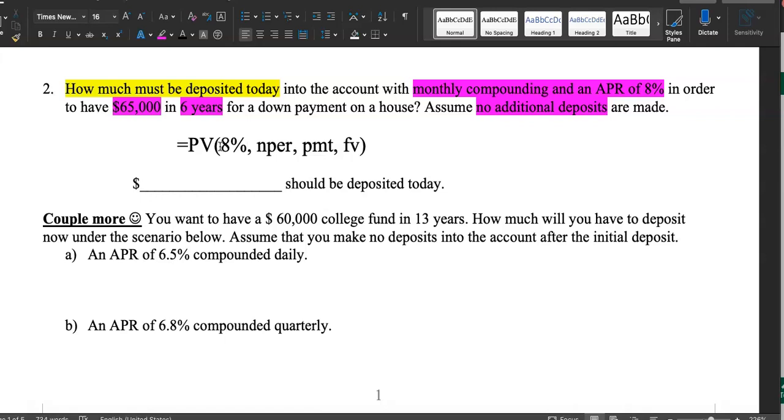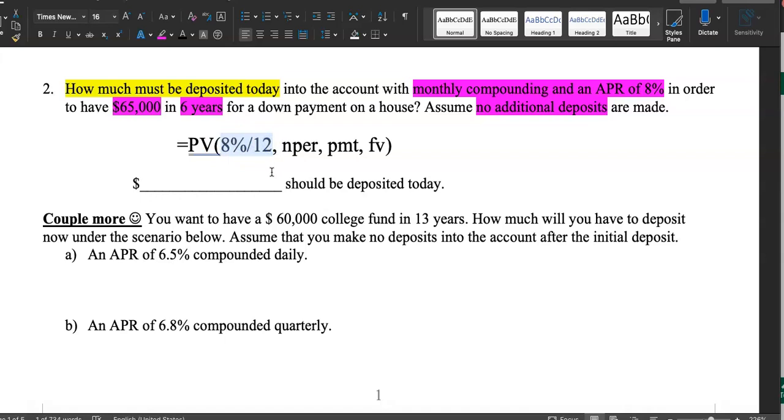What you must do is divide this by 12. Why? Because it was monthly compounding, and for monthly, remember even in that big compounding monthly formula, we divide it by n, right? So remember, when you have monthly compounding, you divide by 12.